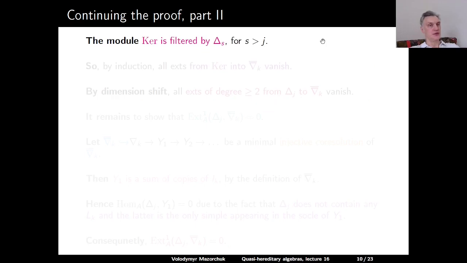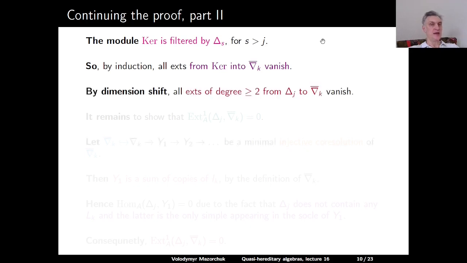The kernel is filtered by standard modules delta_s, where s is strictly greater than j. So by induction, we may assume that all Ext from the kernel to nabla overlined_k vanish. And now, by dimension shift, we get that all extensions of degree at least 2 from delta_j to nabla overlined_k vanish. So it remains to show that the first extensions vanish.